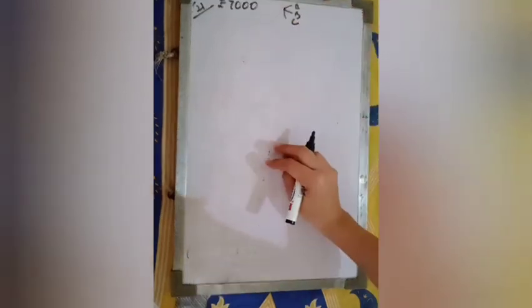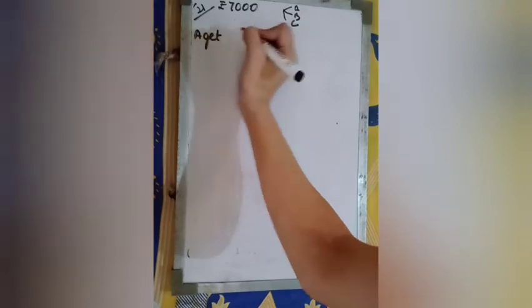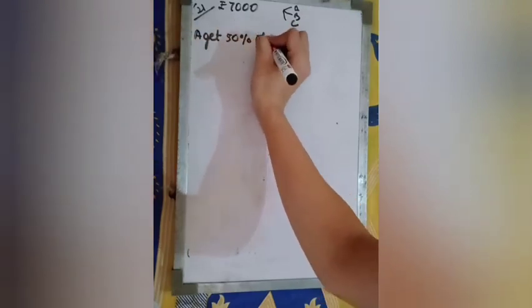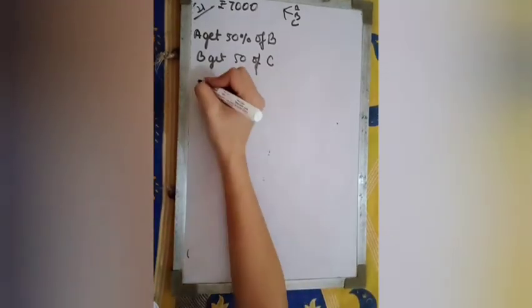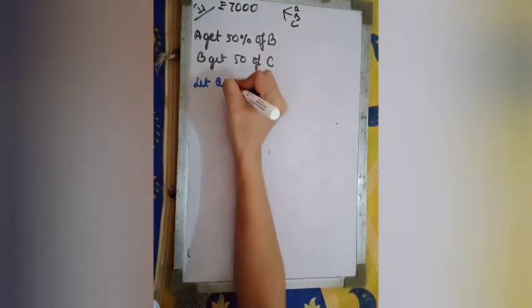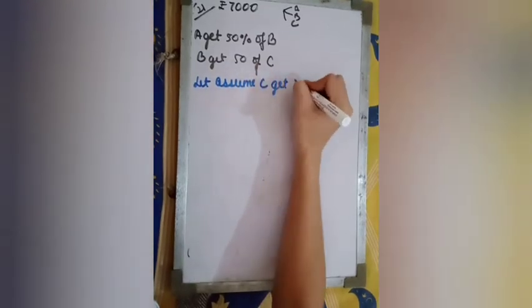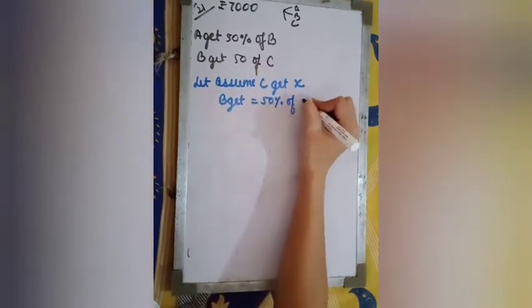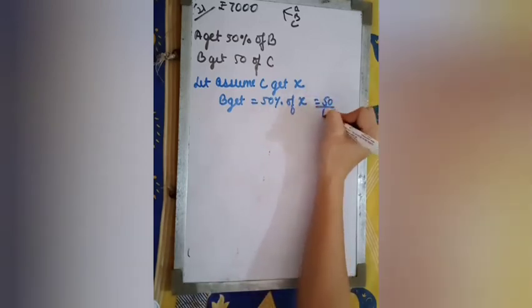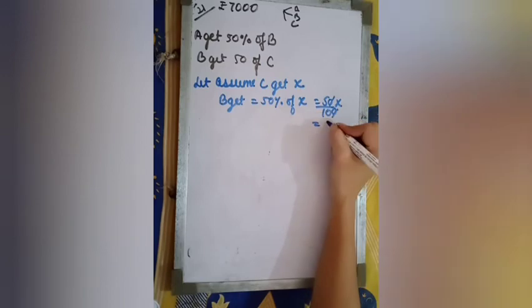You have to divide it between A, B, and C, such that A gets 50% of B and B get 50% of C. So now first what we can do, let assume C gets X. So B get 50% of C. 50% of C, that means X. So it will be 50 upon 100 X. And this will be, solve it. 5 1s are 5, 5 2s are 10. It is 1 upon 2 X.